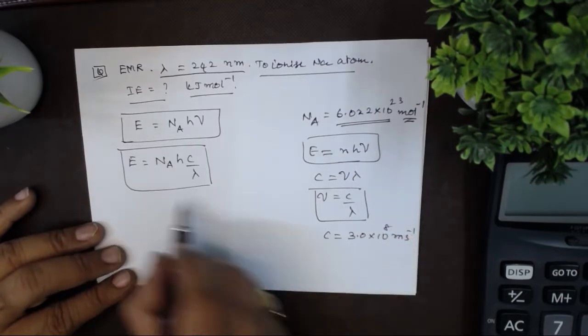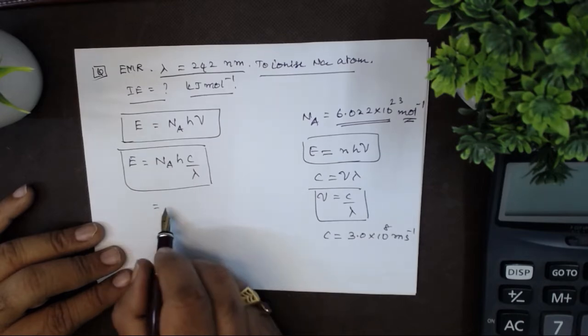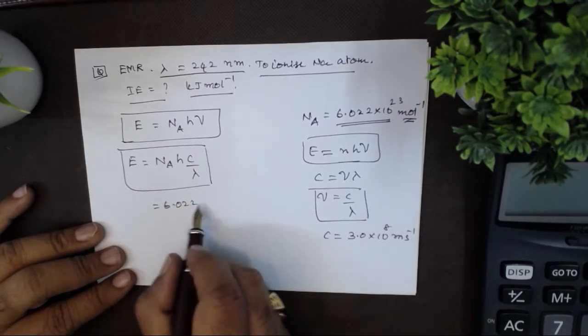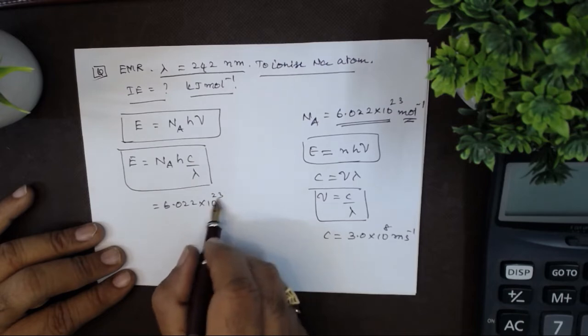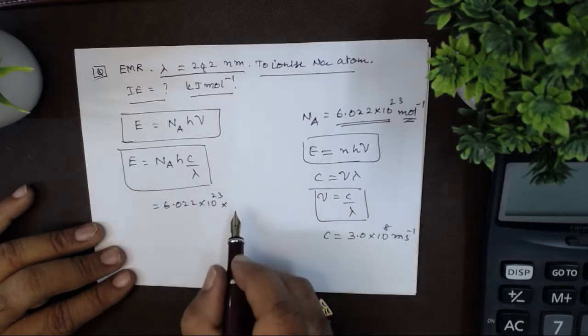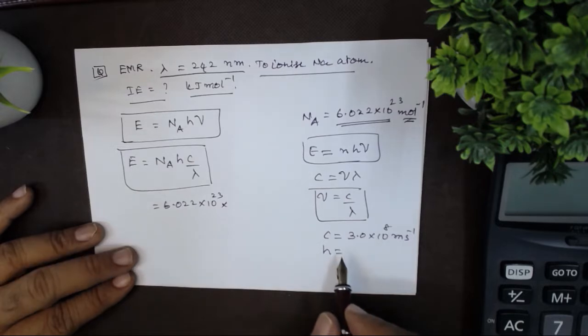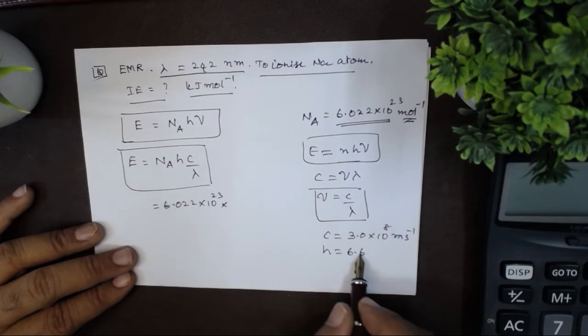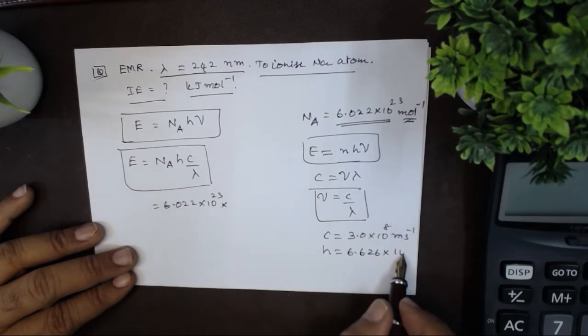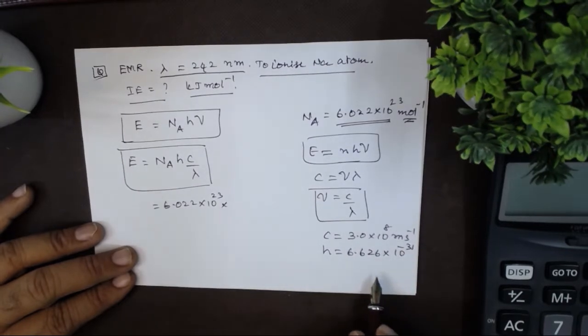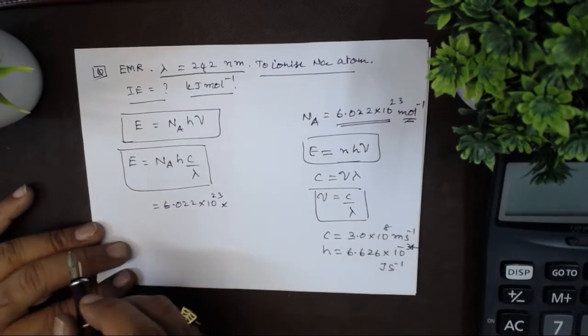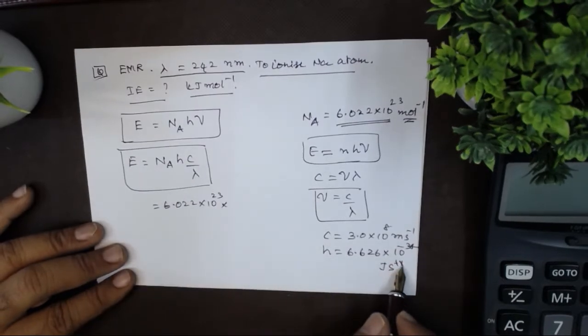Avogadro's number is 6.022 into 10 power 23, and the value of h, Planck's constant, is 6.626 into 10 power minus 34 joule second.